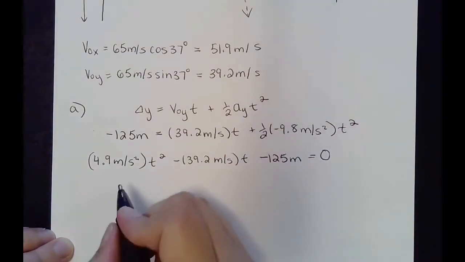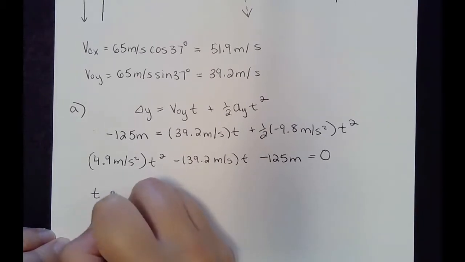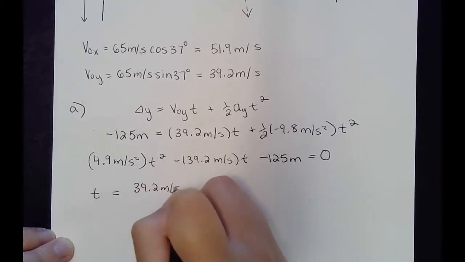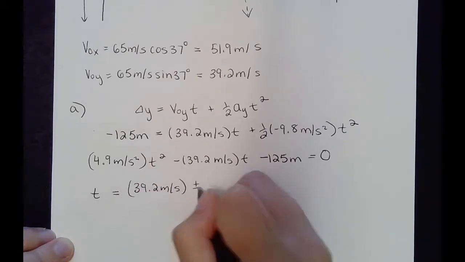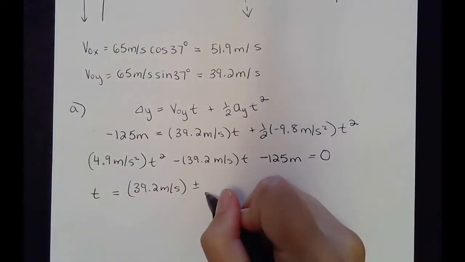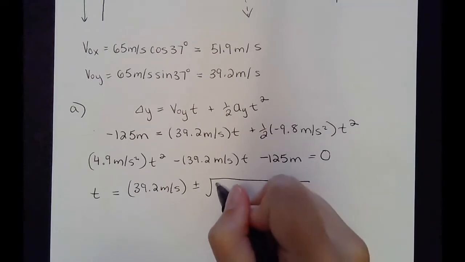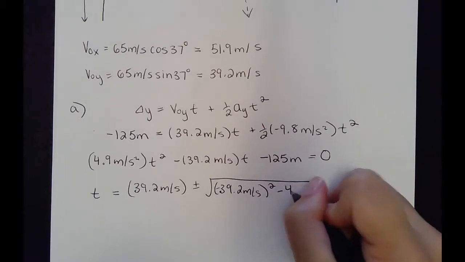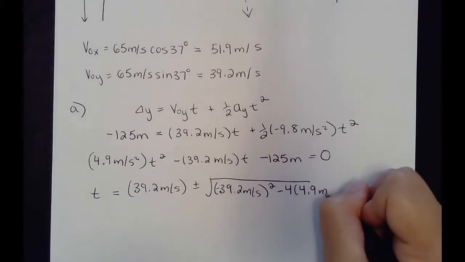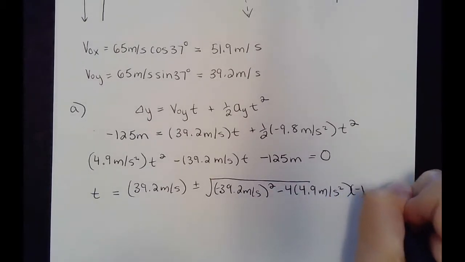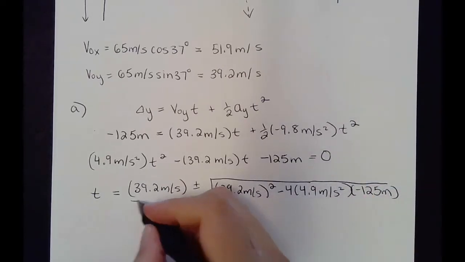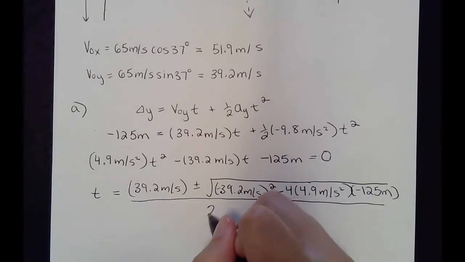So plugging it into the quadratic formula, we have t equals negative b, so 39.2 meters per second, plus or minus the root of negative 39.2 meters per second squared minus 4ac, all over 2a.